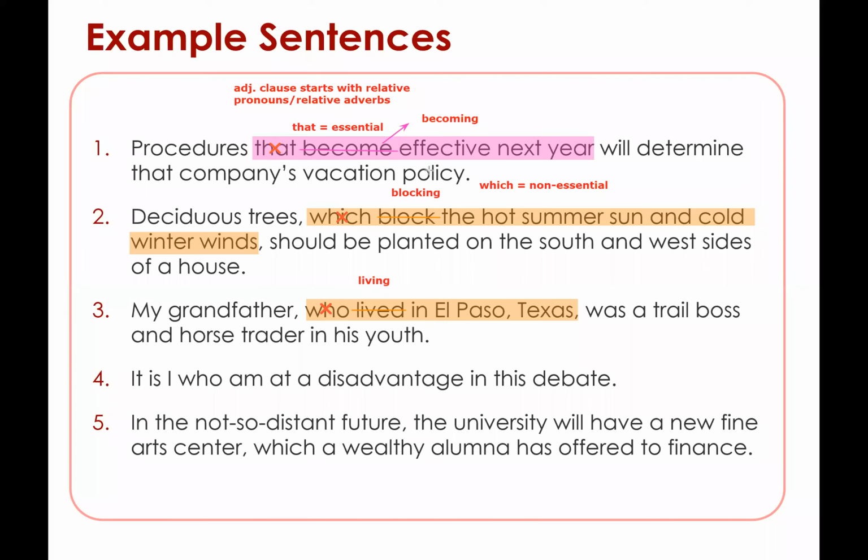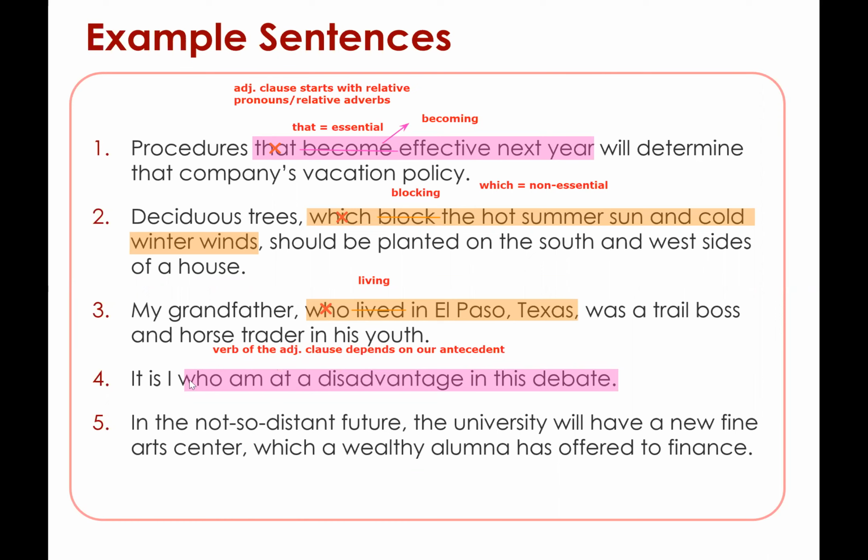Okay, number four. It is I who am at a disadvantage in this debate. So who is referring to I? And remember, our verb of the adjective clause depends on our antecedent, which is I, the noun that we modify. So I am, so who am.